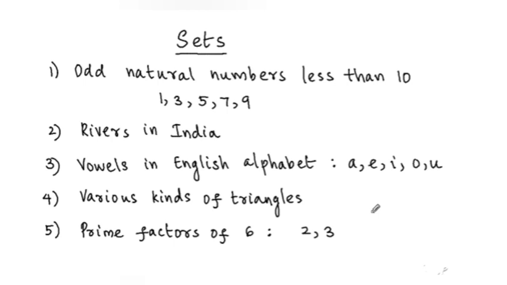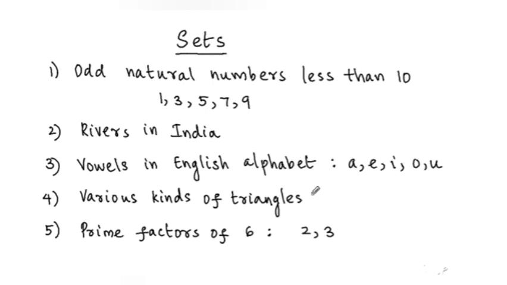If you consider the first collection, that is the odd natural numbers less than 10, we can say whether a given number belongs to that collection or not. If I take 7, you can see 7 is an odd natural number which is less than 10, so 7 is an element of that collection. And if I take 2, it is a natural number less than 10, but it is not odd, so 2 is not an element of that collection.